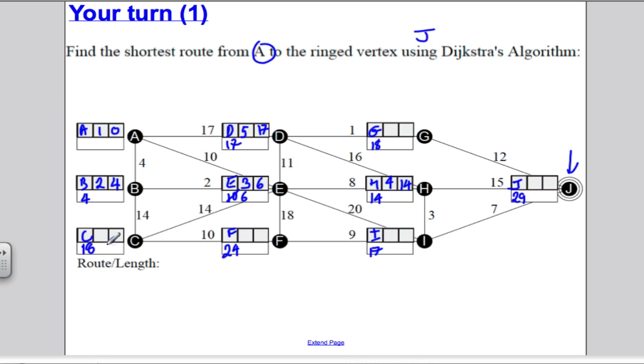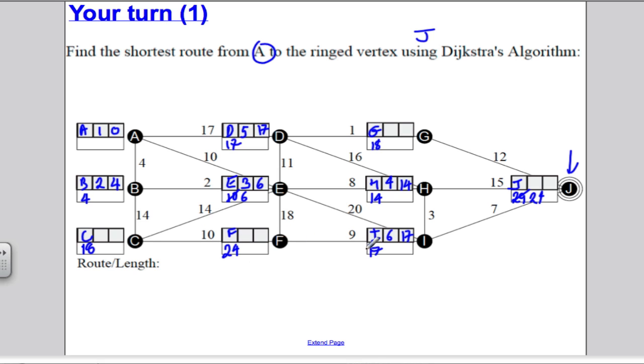Okay, so therefore, what's smaller out of all these? Well, this 17 is still the smallest, so that must be the sixth one, and I label that 17. Okay, from here, where can I get to? Could get along here in another 7, so that would be 24, which is better than 29. Could get along back here, 17 plus 9, which would be 26.